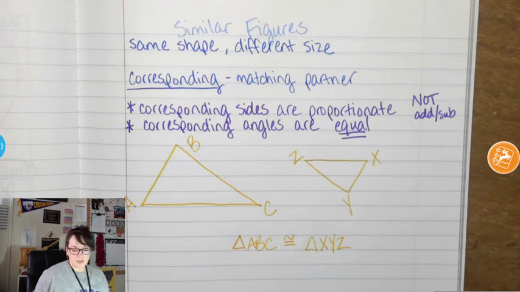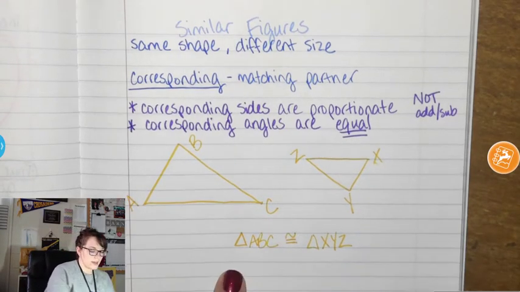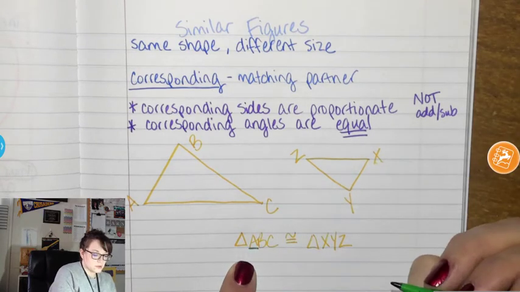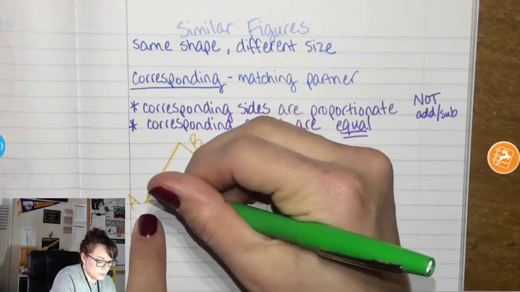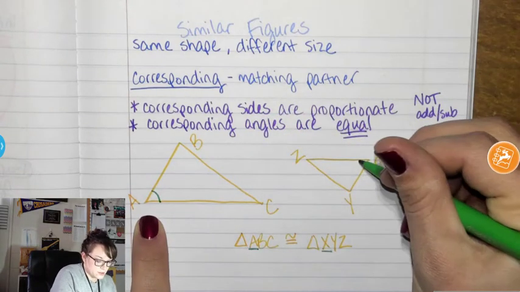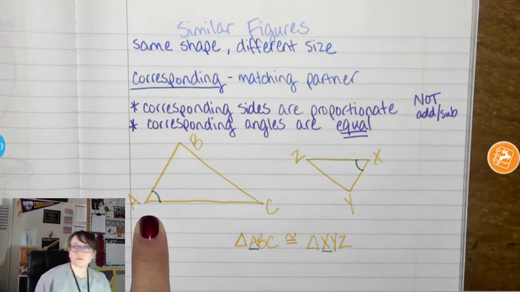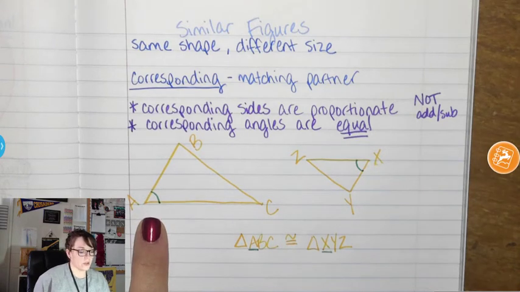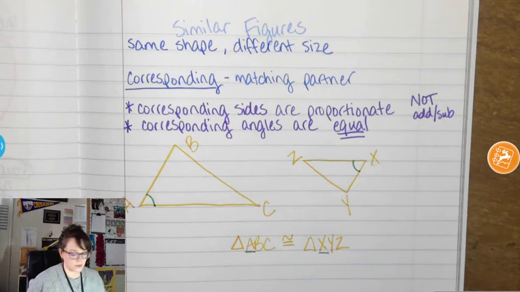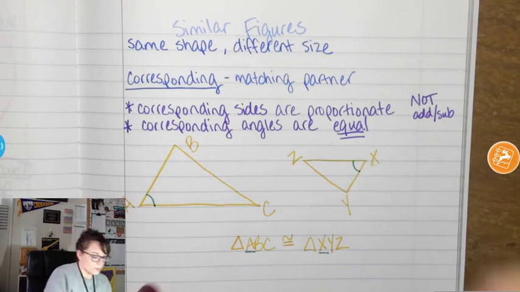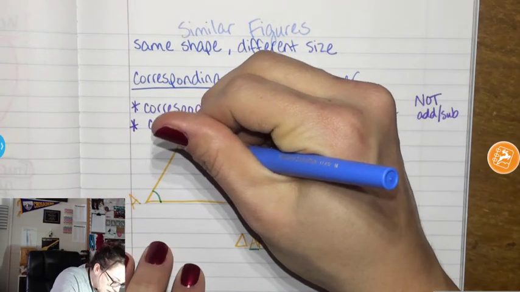Cool thing about similar figures is the letters give away the answers sometimes. So letter A goes with X. Those are buddies. So I'm going to put a 1 swoop in A and a 1 swoop in X to help me know those two angles are buddies. They're corresponding angles. Angle B gets 2 swoops.